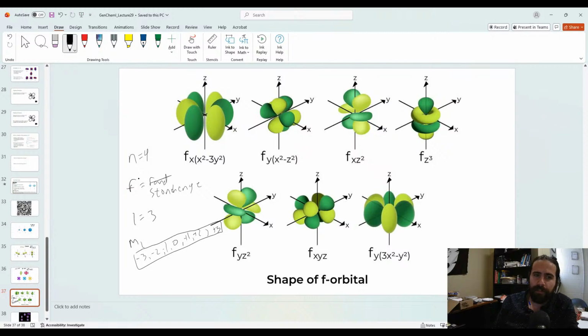Okay. So those are the 4 primary orbitals I want you to be able to use. I want you to be able to identify whether or not quantum numbers are appropriate, given a list of quantum numbers. I also want you to be able to identify the shape of the orbital or the name of the orbital based off of sight. I want you to be able to say, hey, look at this orbital, what is its L value?